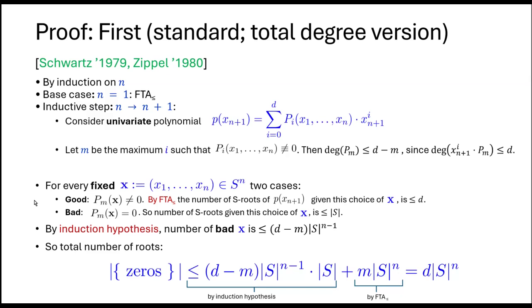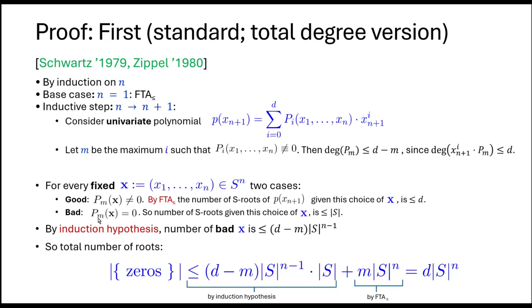If PM of x is non-zero, this is the good case. Then by FTA, the number of roots from S, each coordinate taken from S, of the univariate polynomial P of x, x_{n+1}, given this choice x, is at most D. This is by FTA. So this is good. We reduce it to the simple case.